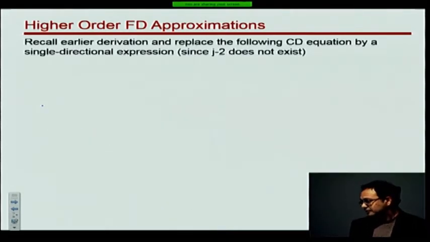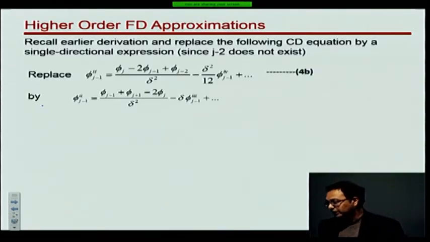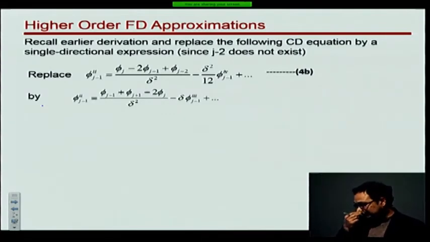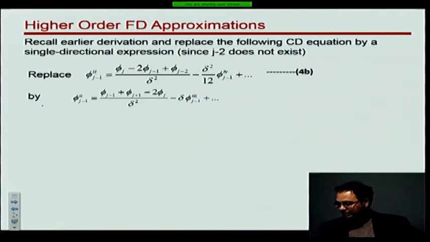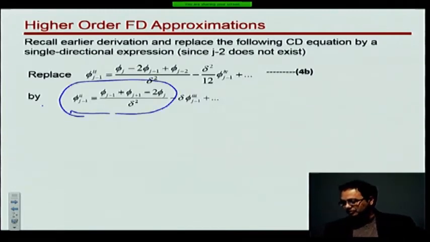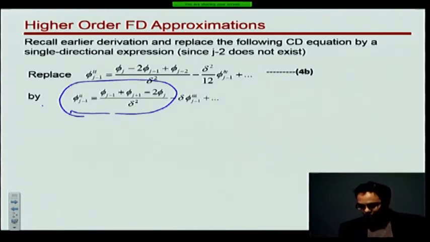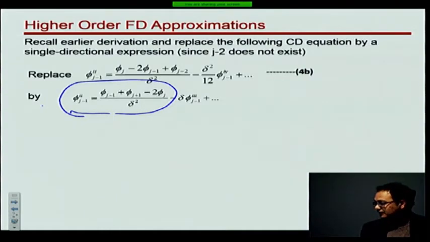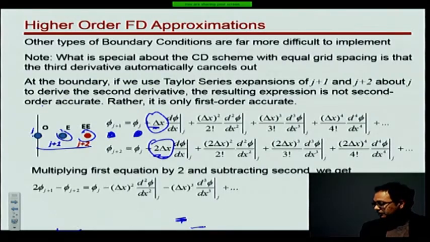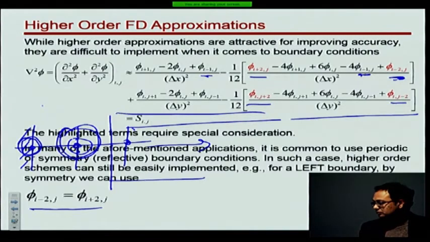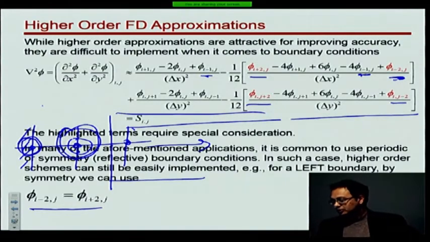All right, so what people typically do is once they get to the boundary node, they simply replace it by a second order approximation. So the basic idea is that this equation you are going to use until this point, but when you get here, you just throw away these higher order terms.